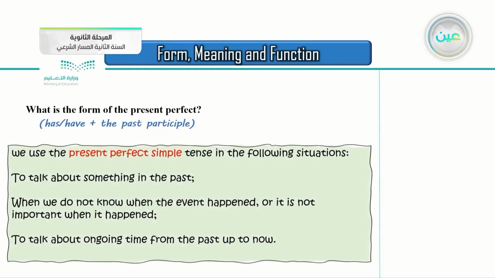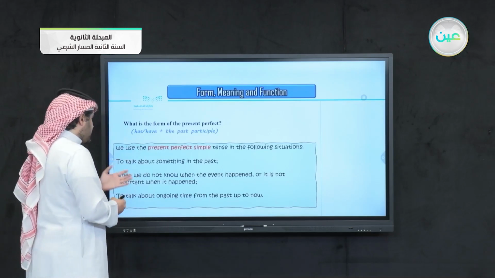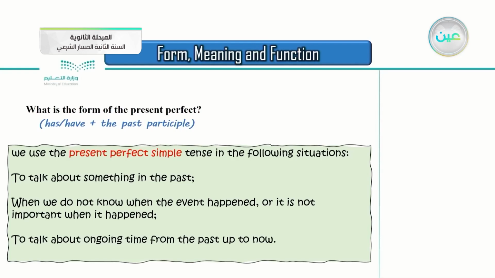So here we use the present perfect simple tense in the following situations. To talk about something in the past, we use the present perfect simple, even though it's called present, but we talk about the past. To talk about something in the past, when we do not know when the event happened, or it is not important when it happened.